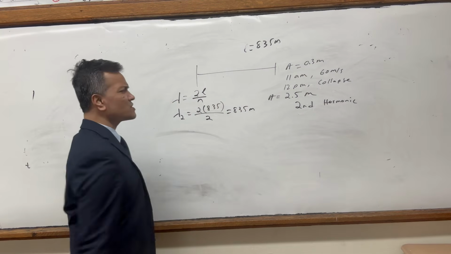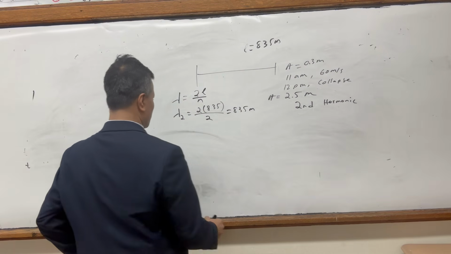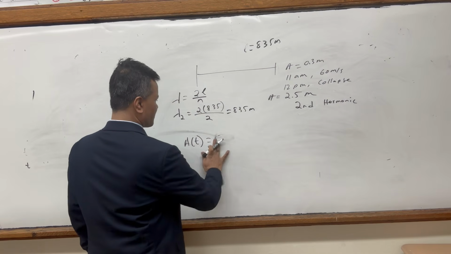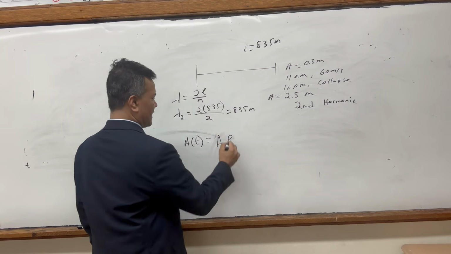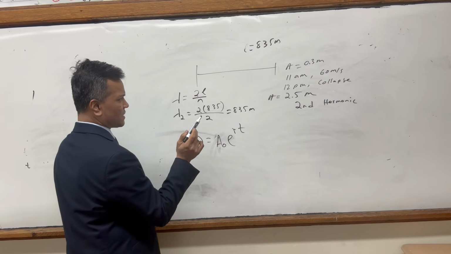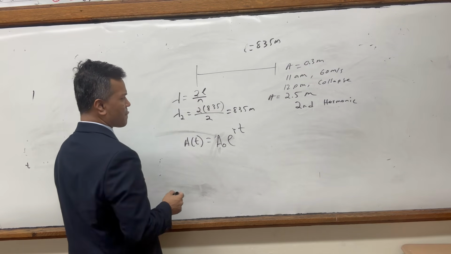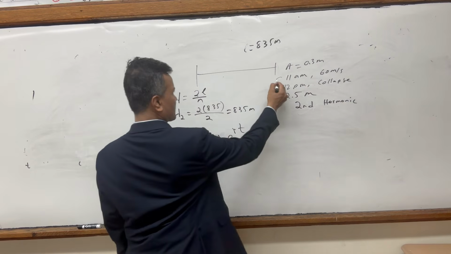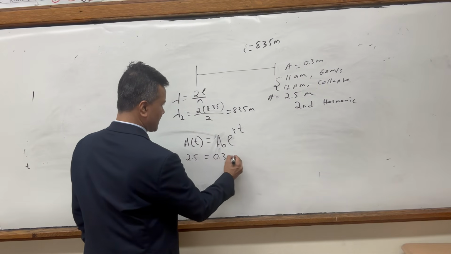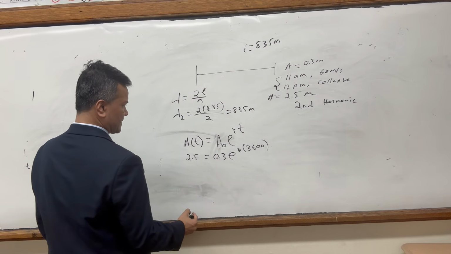It's actually exponential growth. So what does that mean? That means A(t) is equal to A0 e^(rt). The time is 3600 seconds, right? So the initial amplitude is 0.3, the final amplitude is 2.5, and t is 3600.